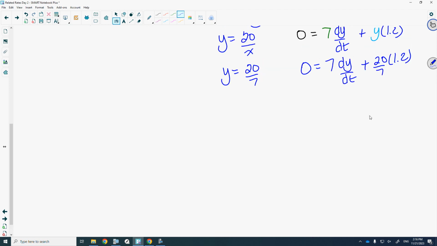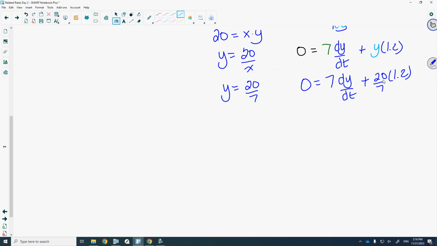Okay. Let's subtract this. So let's bring that over. So negative 20 over 7 times 1.2 is equal to 7 dy dt. From here, I'm going to get rid of this 7. Instead of dividing both sides by 7, I'm just going to multiply both sides by 1/7, just so you could see it a bit better.